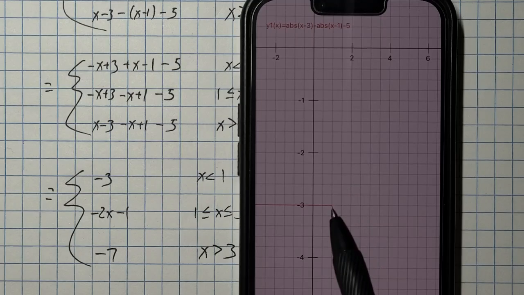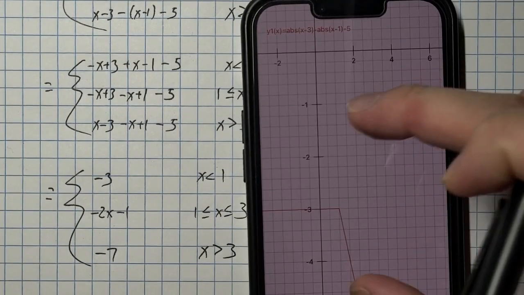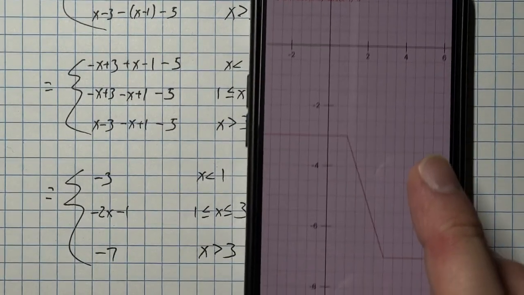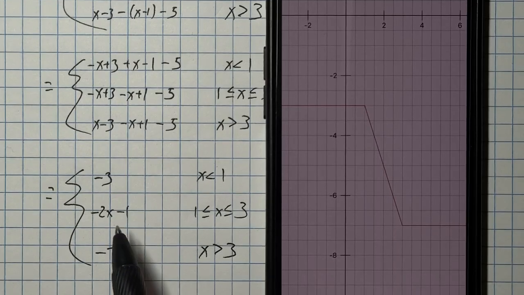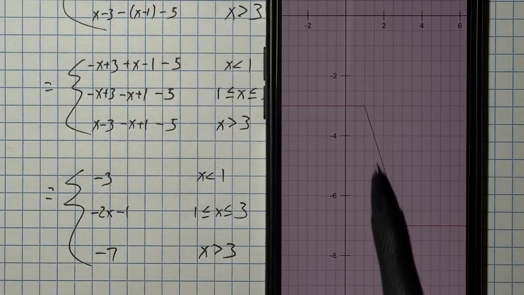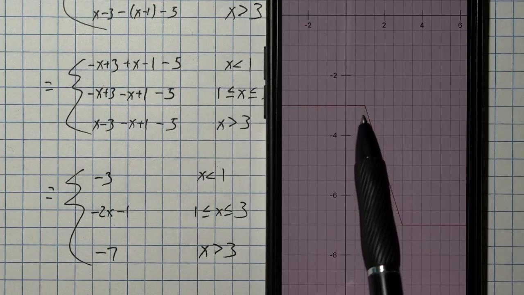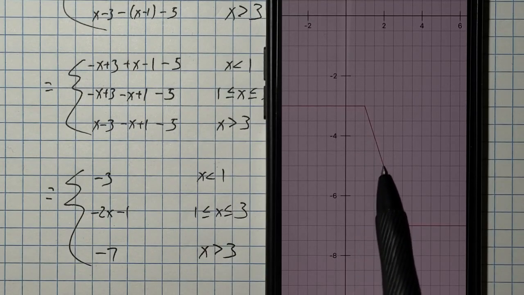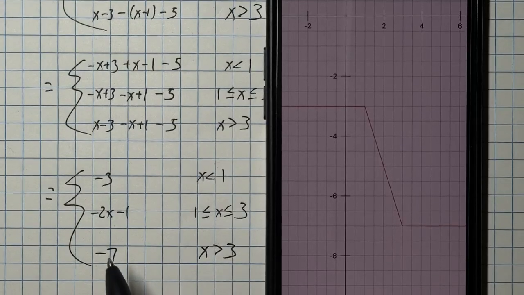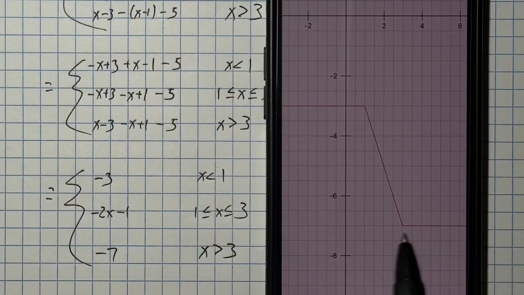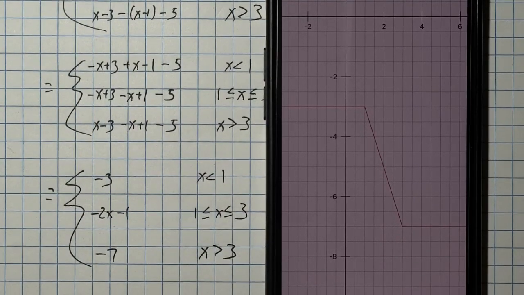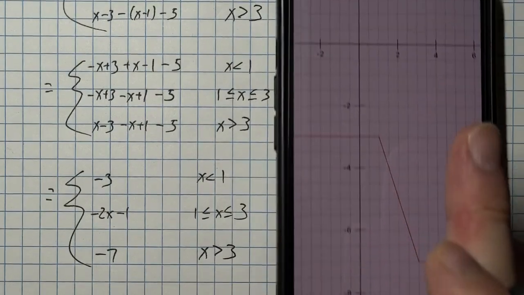Okay, let me try to zoom out a bit. There we go, so we can fit it on screen. Minus 2x minus 1 for x between 1 and 3. That looks right. This is a slope of minus 2, so if we go down 2 to the right 1, yes, that's correct. And this is flat negative 7 for x greater than 3 right there. So this is how our function looks.